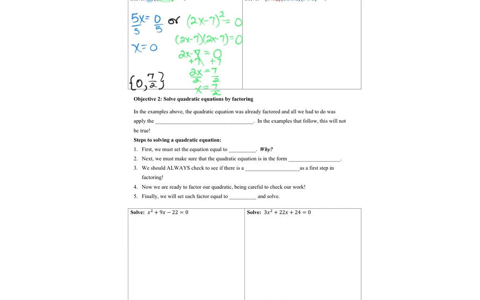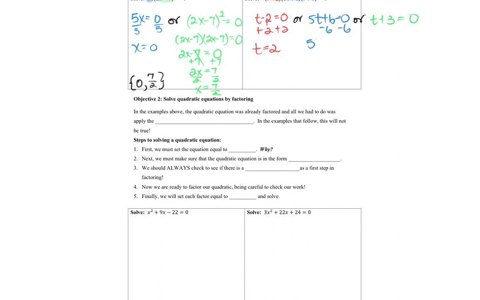So hopefully you paused and you did t minus 2 equals 0, or 5t plus 6 equals 0, or t plus 3 equals 0. So in the first case, simply add 2 to both sides, t equals 2. On the second one, you're going to have to do 2 steps, right?